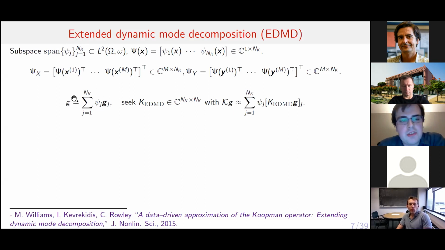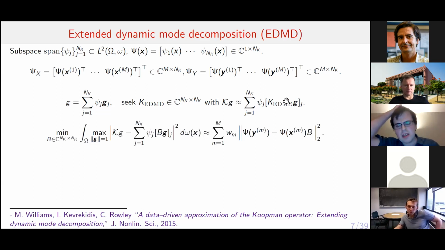So let's say we have G in the span of this dictionary. Then G is this sum here, of these observables or these functions, and we seek a finite matrix K EDMD, so that the Koopman operator acting on G is approximately given by this sum here, where we're just acting on the coefficients with this matrix.